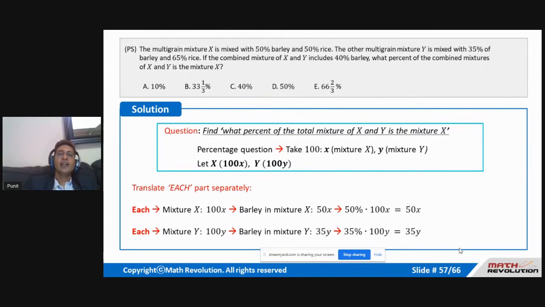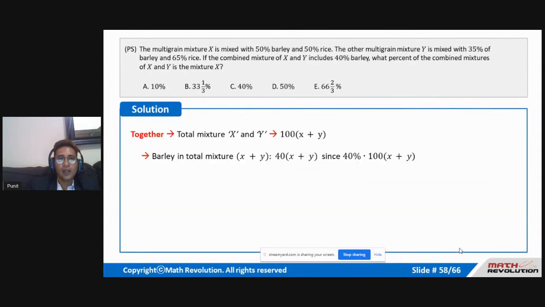Pay attention, 100x and 100y have been assigned to X and Y. Barley is 50% in X, becomes 50x. Barley is 35% in Y, becomes 35y. Total mixture becomes 100 times x plus y. Now barley is 40% in the total mixture. So that becomes 40% of 100 of x plus y.